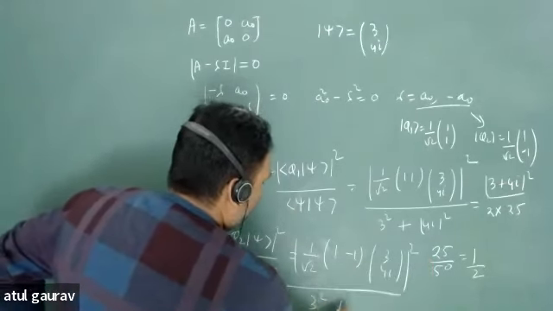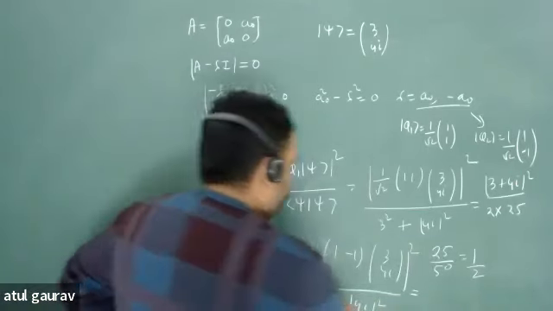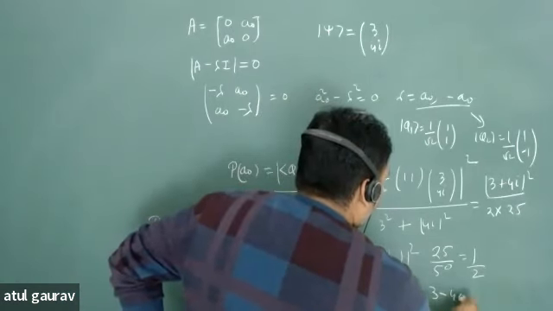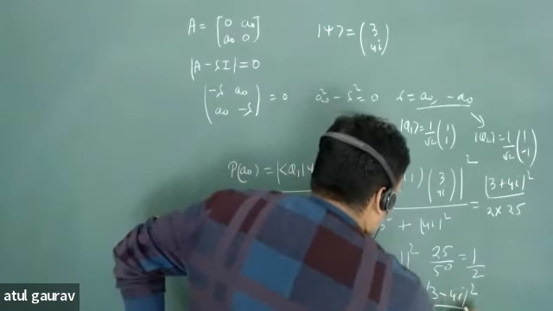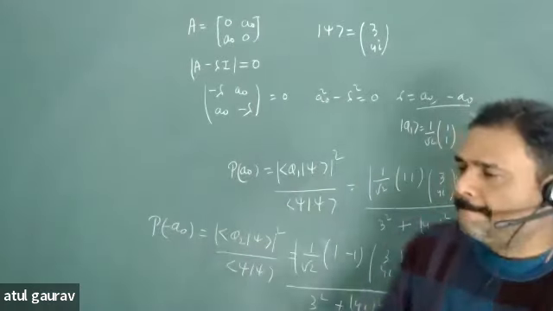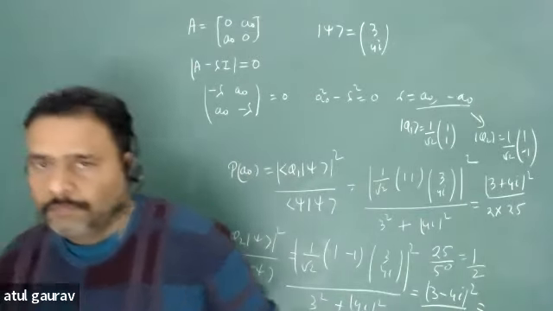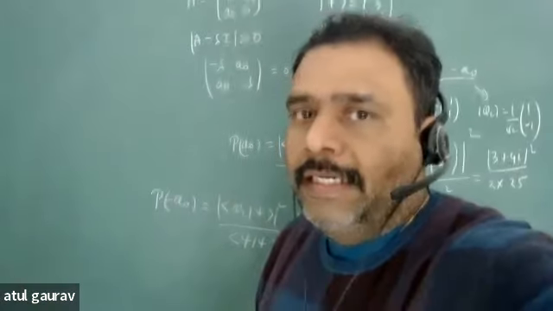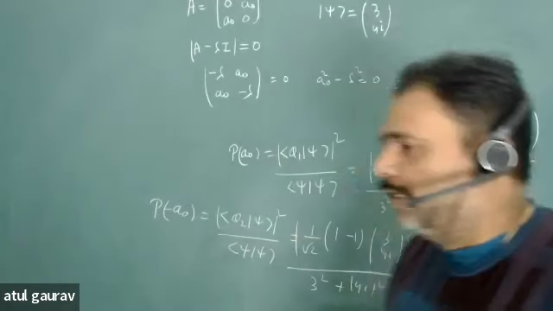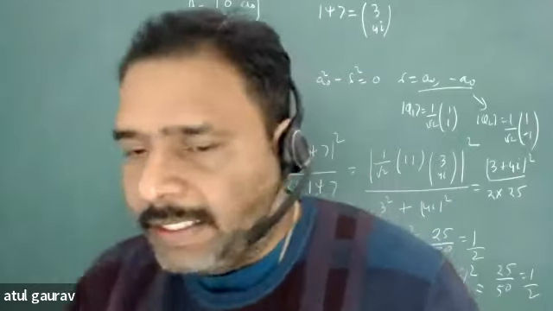Again we will get mod square of 3 minus 4i by 50. What is the mod square of 3 minus 4i? 25 है ना? तो हमेशा ये कॉम्प्लेक्स नंबर को ध्यान में रखोगे, है ना? So this value is equal to 25 by 50, which is 1 by 2. Everyone is comfortable? दिखाई दे रहा है ना?